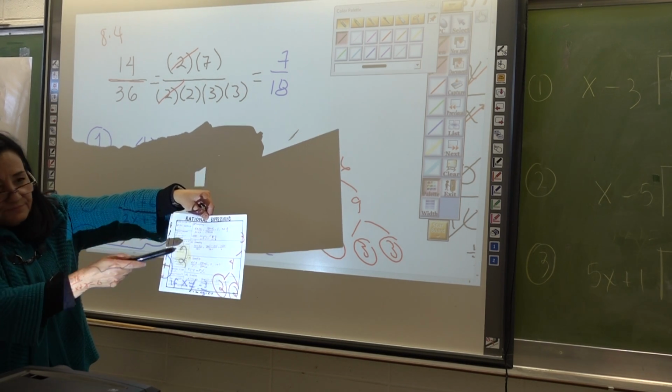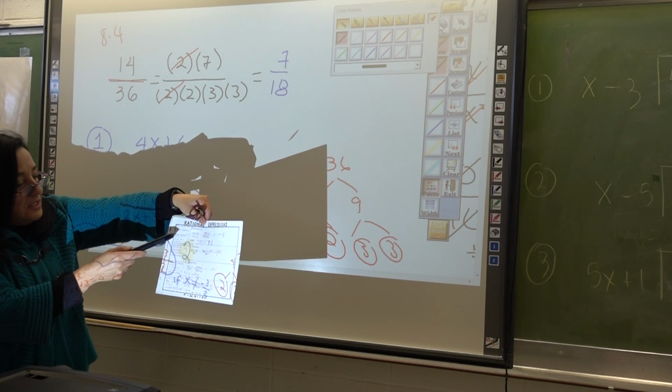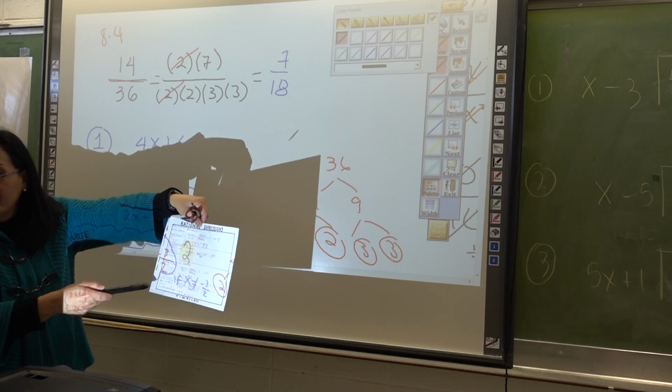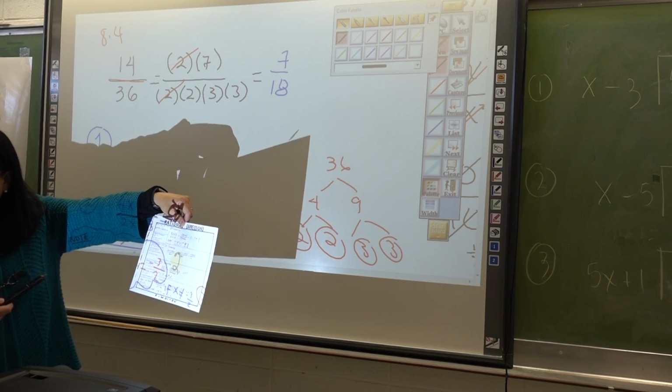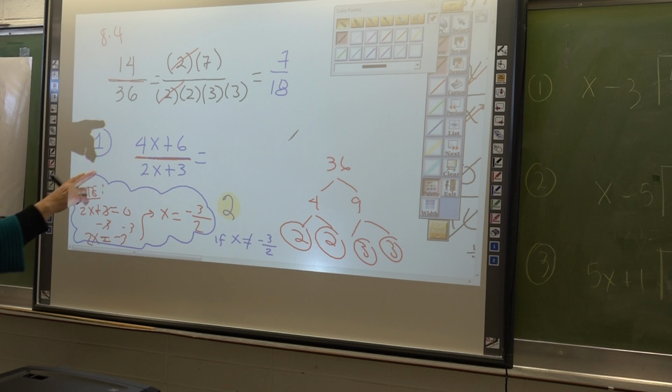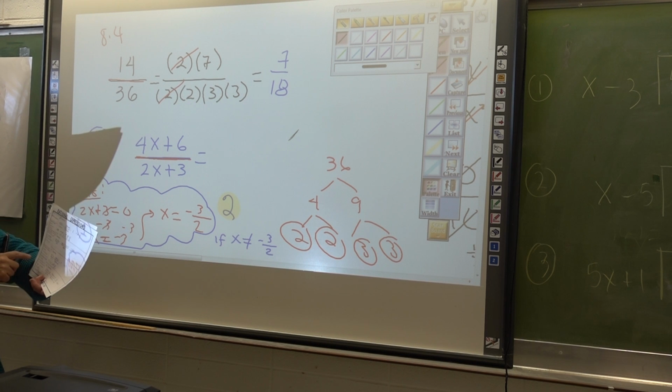You have to check the numerator and denominator, which one you have to use to factor, and then look for common factors. So for example, here you have two terms, and you're going to say which of these can I use.